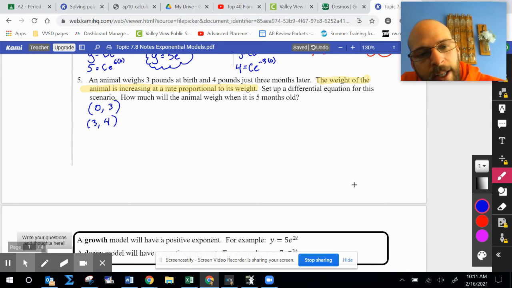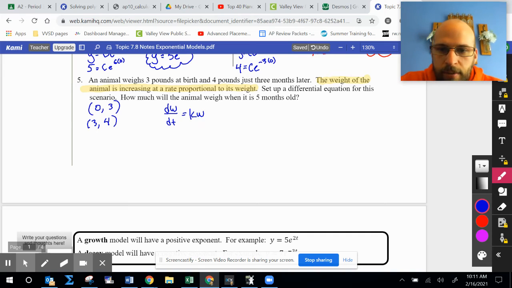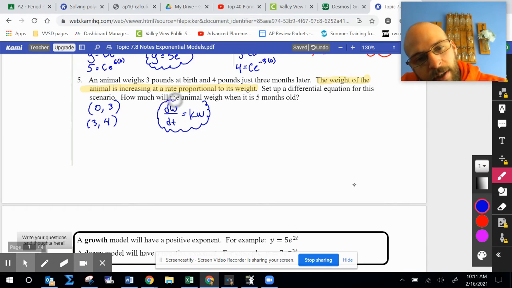So let's say I say the change in weight with respect to time, because we're talking in months, is going to equal k times the weight, right? Now, I don't know what k is, but I want to set up and solve. I want to find out what k is, what c is, what all this is. So based off of this statement, I can make my equation be the weight is going to be c e to the k times t.